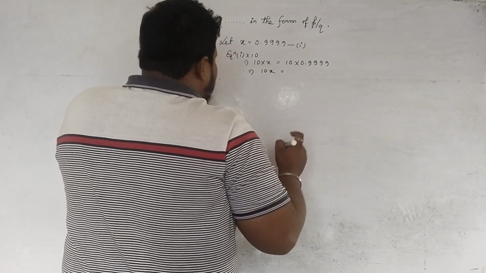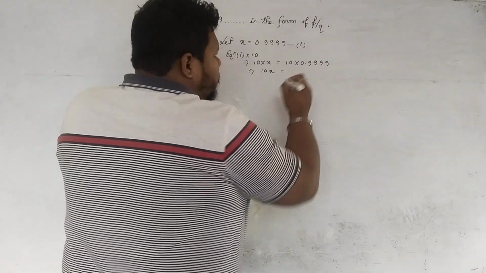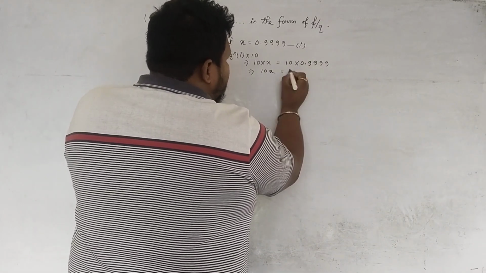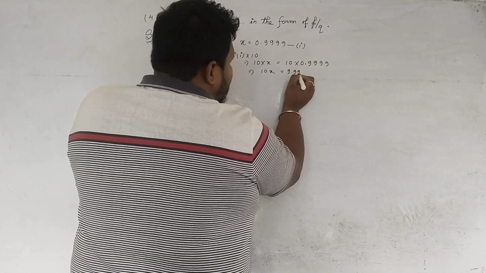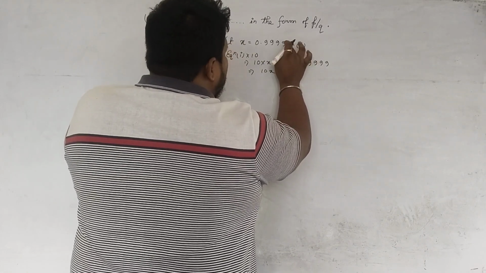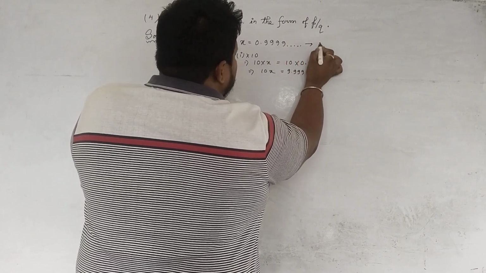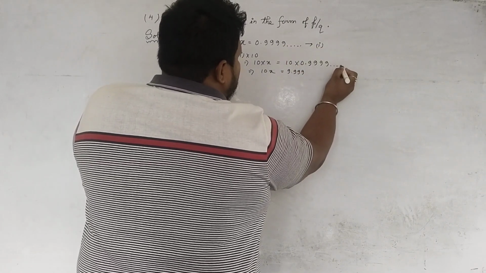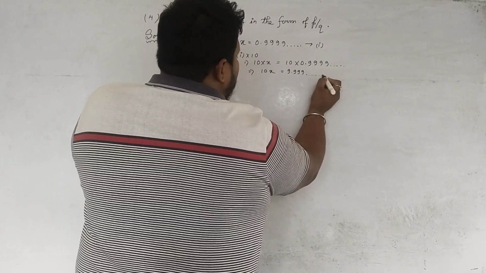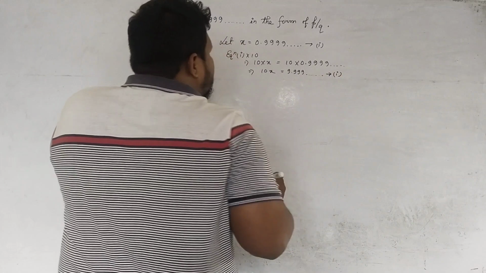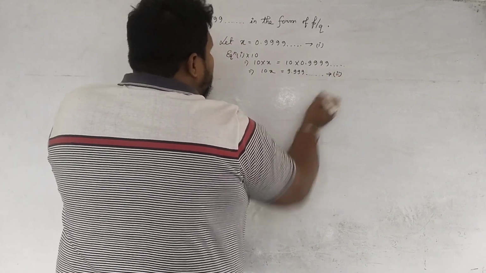If you multiply by 10, the decimal will move one step towards the right. So if the decimal is here, it will come here, 9.999... Sorry, here I forgot to give the dot. So you give the dots here. So 9.999... After that, this is equation 2.